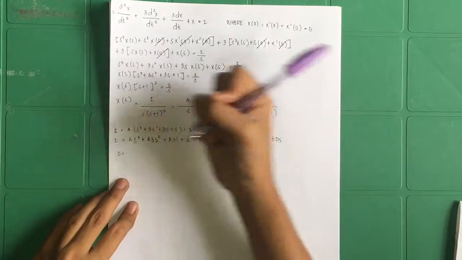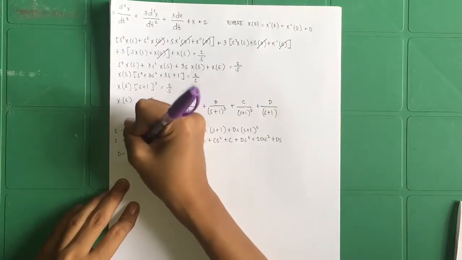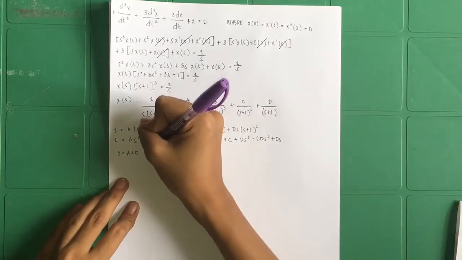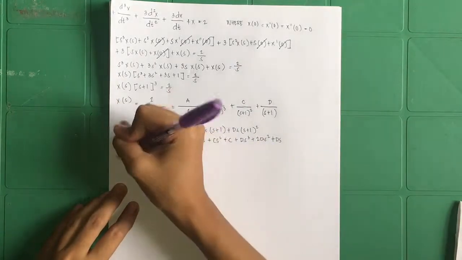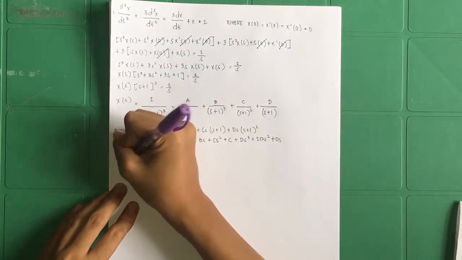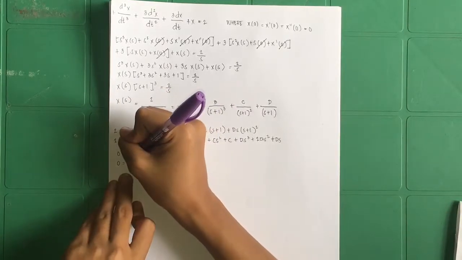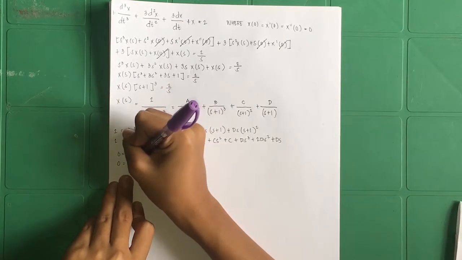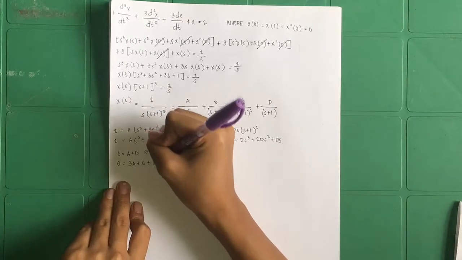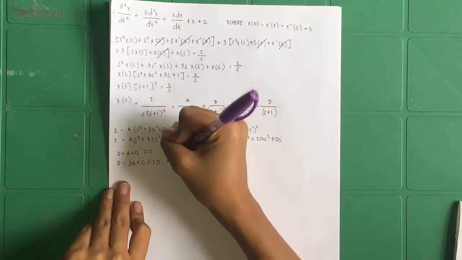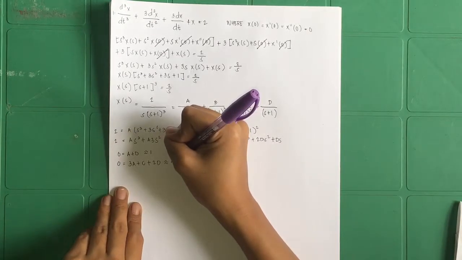For this one, I'll get the equation with cube. Only the a and b have a cube for equation 1. Then I get the equation with squared. Only the 3a plus c plus 2d is equation 2 with squared, sorry.